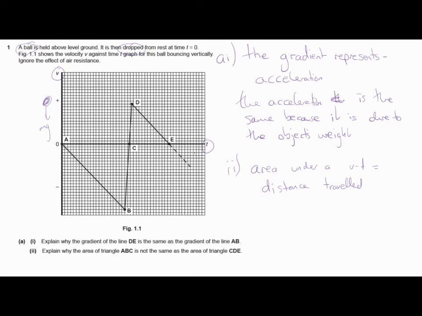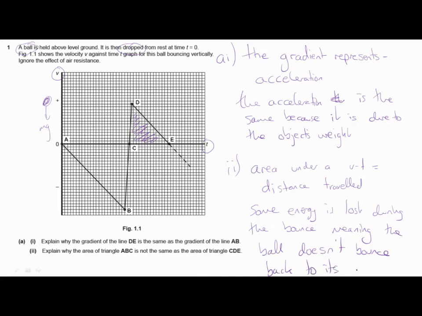So this area here, which is smaller, is less because some energy is lost during the bounce, meaning the ball doesn't rebound as high. So this isn't necessarily the shortest way to word it, but will definitely get us the marks.